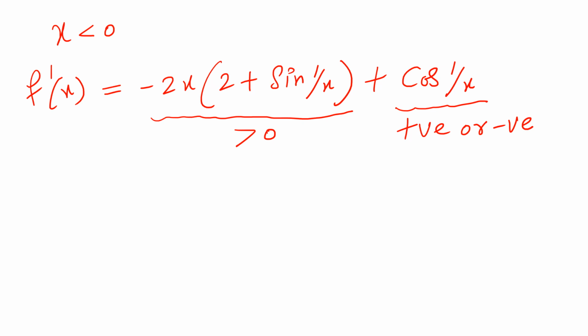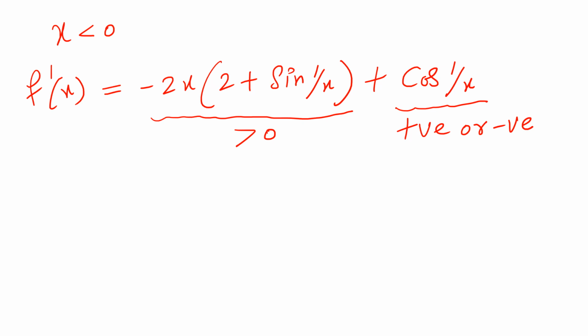In this situation, f dash x may be positive or may be negative. This means f of x may be increasing or may be decreasing. Now students, from all of this, we conclude that for x less than 0, f of x shows dual behavior.